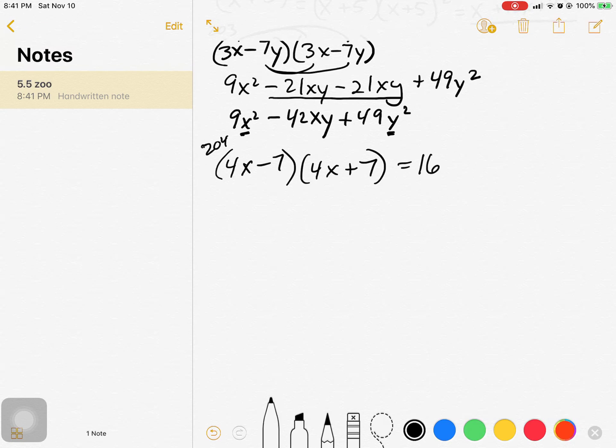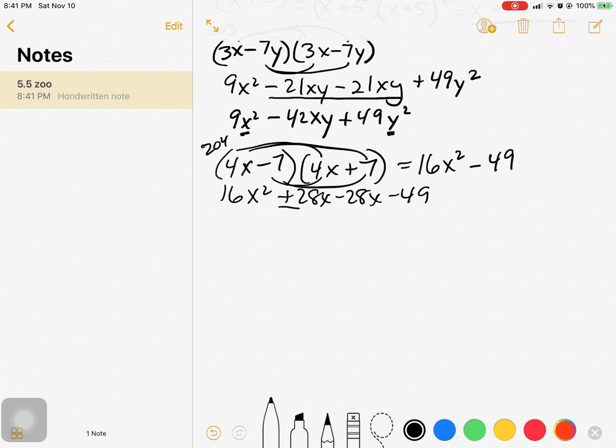So you could just square the first one, put a negative, and square the second one, and that would be the answer. Or you could just do the thing. 16x squared plus 28x minus 28x minus 49. These go away because they're opposite signs. So that is my final answer.